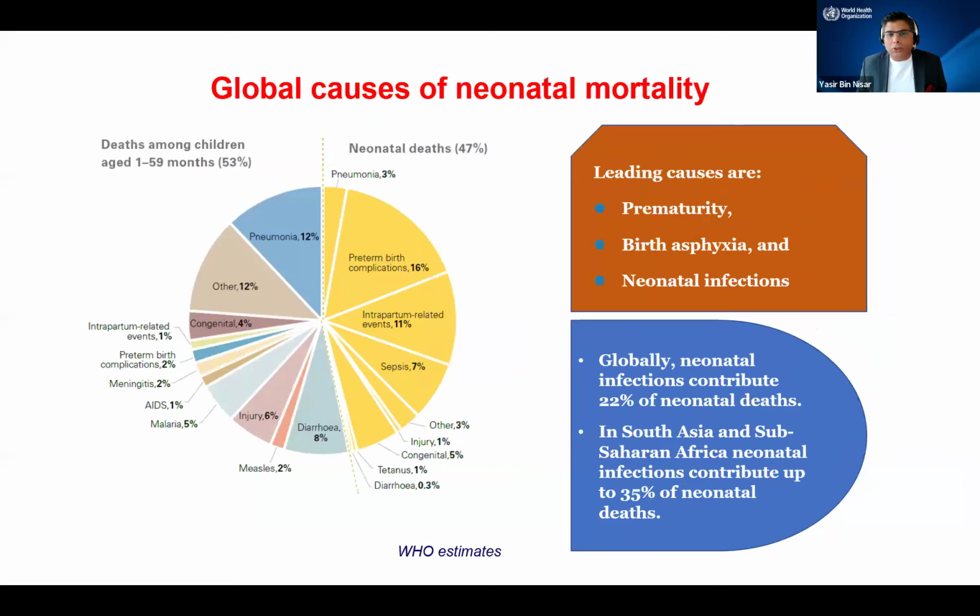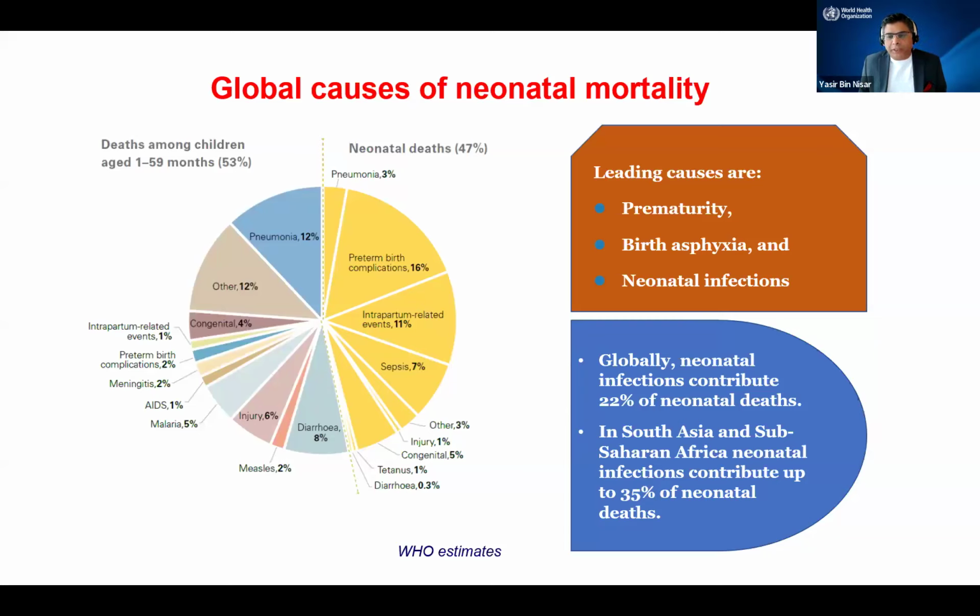So just to remind ourselves what are the global causes of neonatal mortality, we all know that 47% of under five deaths are due to neonatal deaths. That is the first 28 days of life, which is the most vulnerable period. The three leading causes are prematurity, birth asphyxia, and neonatal infections. Globally, neonatal infections contribute about 22% of neonatal mortality, almost one fourth.